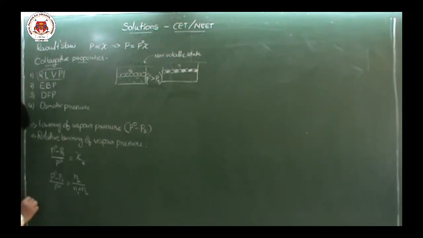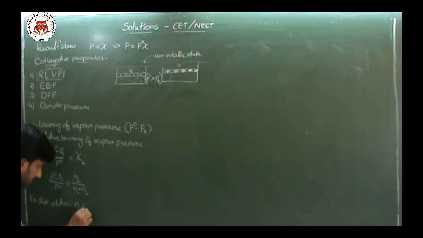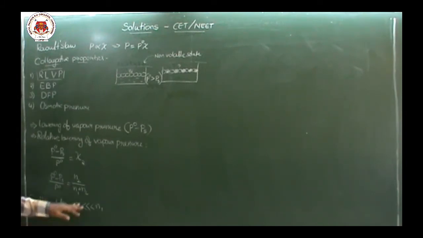Then for dilute solutions, N2 is less than that of N1, so in the denominator we can neglect N2.